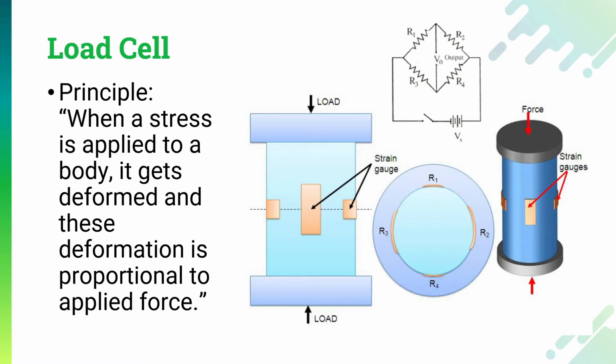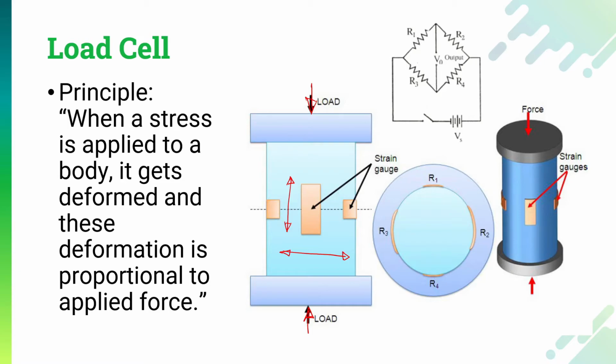Whenever I apply the load on the cylinder, what will happen? Due to this particular load, the vertical dimension of this cylinder will get reduced, and the diameter of this cylinder will try to expand, and this particular deformation or deflection is directly proportional to the applied force.